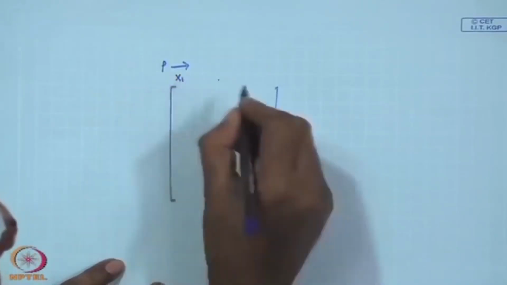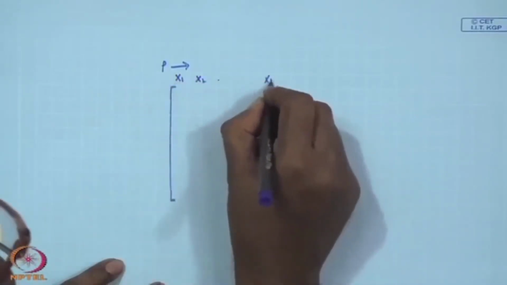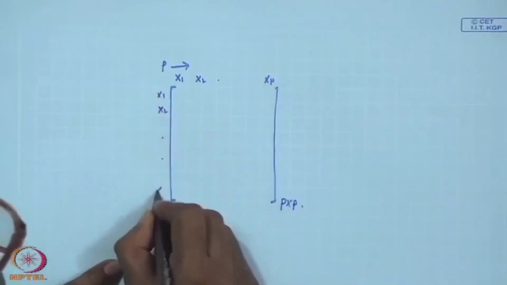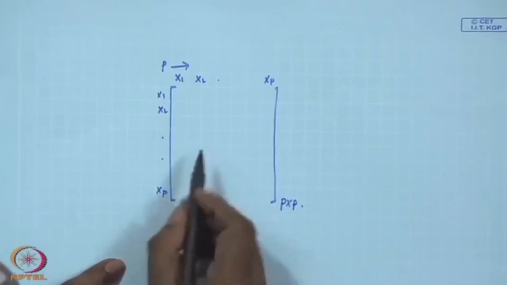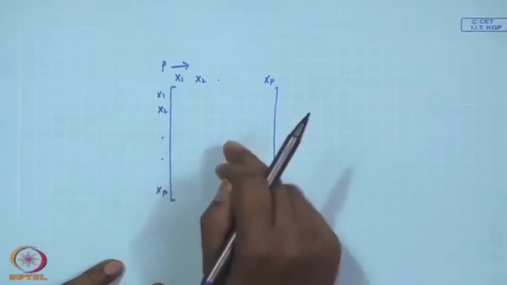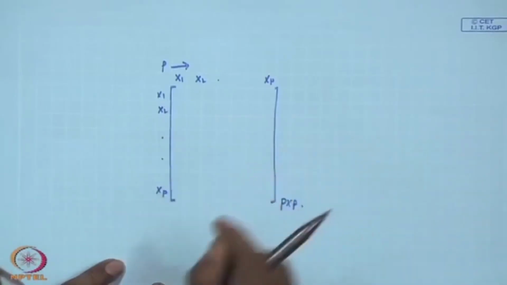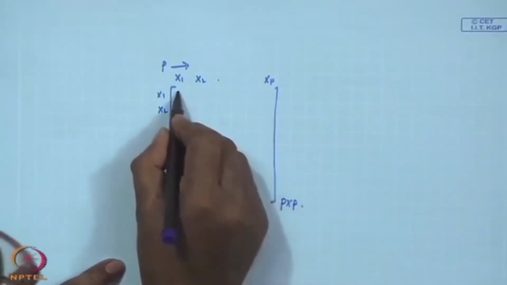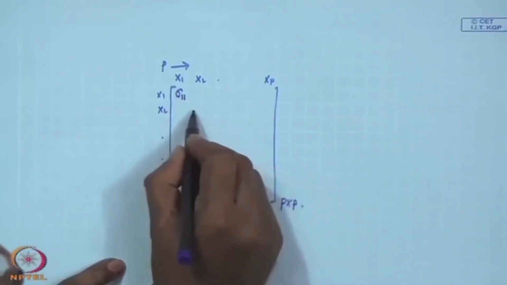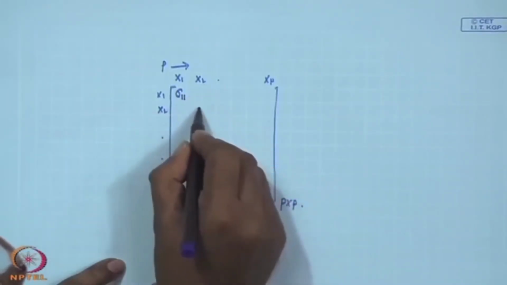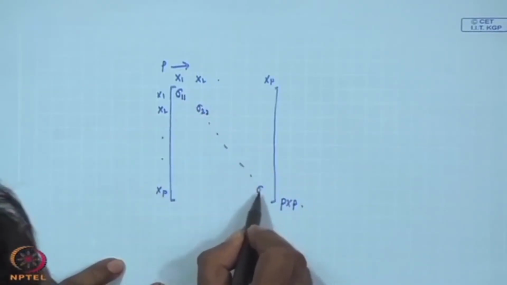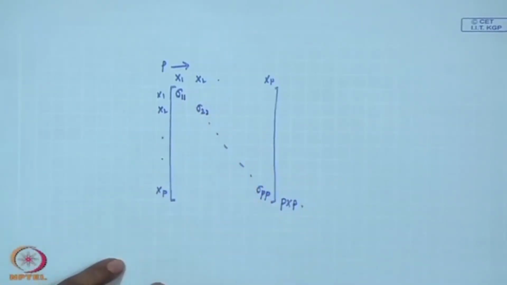So, this is x 1, x 2, up to x p, and again x 1, x 2, up to x p. So, x 1 and x 1, the variability, when x 1 is varying with x 1, that same variability is variance. So, this one will be sigma 1 1. For the second case x 2, this will be sigma 2 2. Like this, for the p variable case, x p is sigma p p.